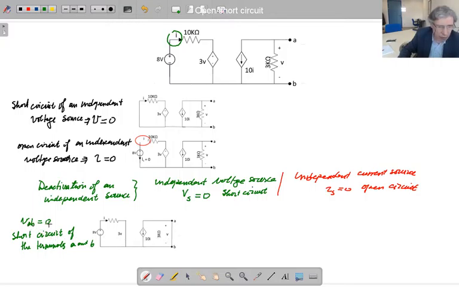So you make VAB equal to 0. When you make that VAB equal to 0, that means you're going to make a short circuit here. This is that line. At the same time, this resistor voltage becomes 0.